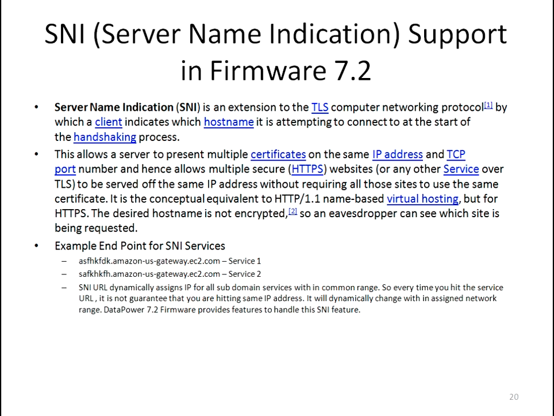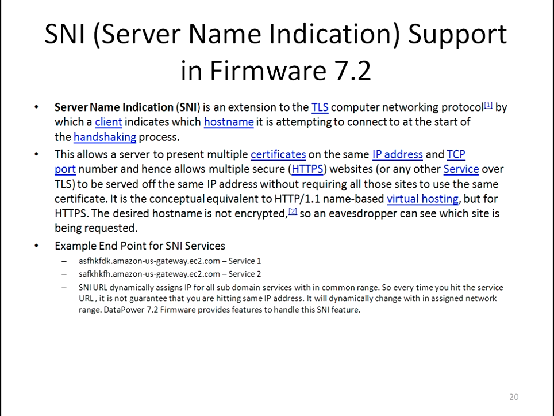So SNI services support dynamic IP handling. Whenever the SSL handshake happens between your DataPower and the outside service, which is based on the SNI format, the IP can change anytime based on the service URL.